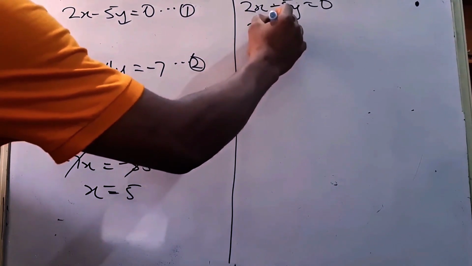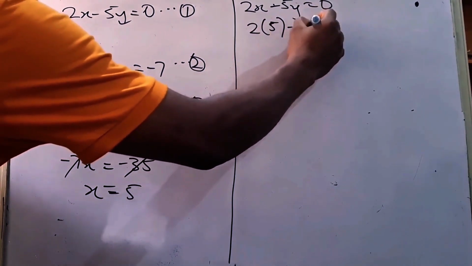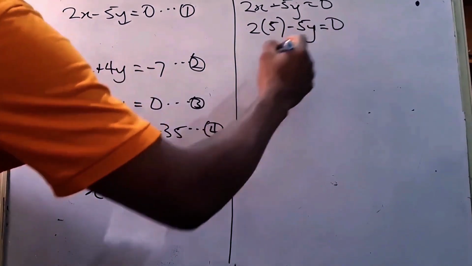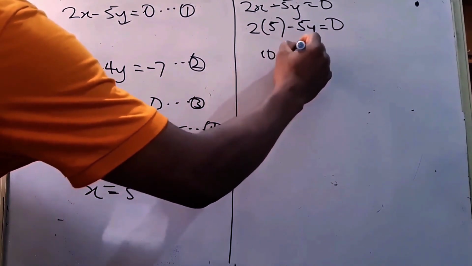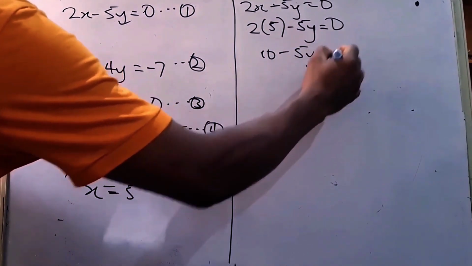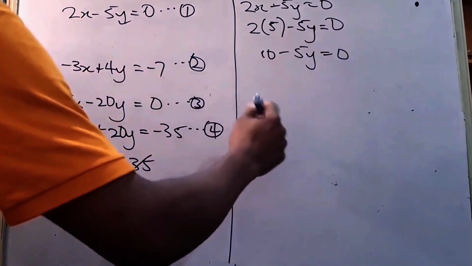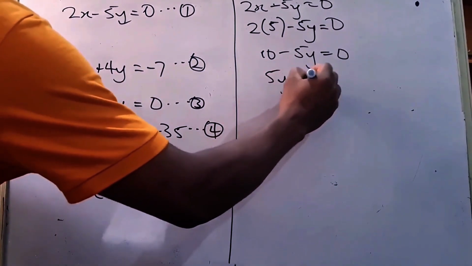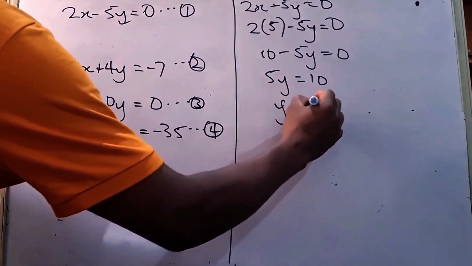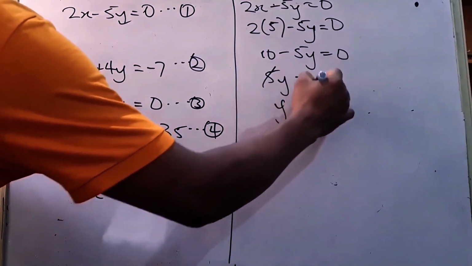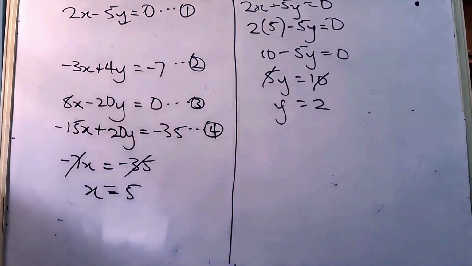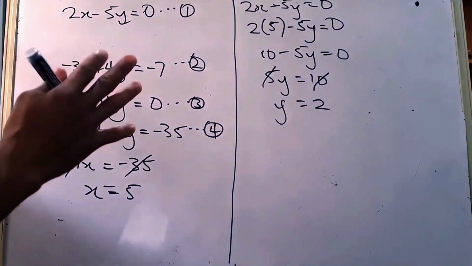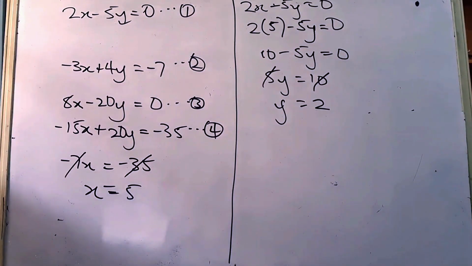So I have 2 into 5 minus 5y is equal to 0. So I have 10 minus 5y is equal to 0. So I'll move 5y over there, which means 5y is equal to 10, y is equal to 2. Okay, so that is it for elimination method.